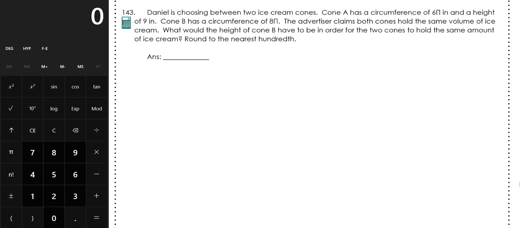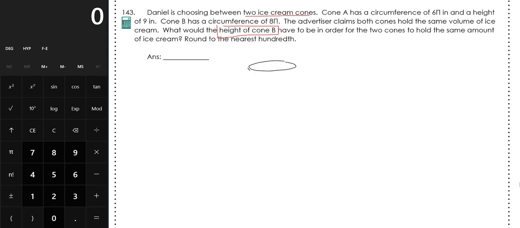Okay, let's focus in on the ask of the question. What is the height of cone B in order for the 2 volumes to be the same? All right, let's lay out our information. So going back to the beginning, Daniel is choosing between 2 ice cream cones. So let me go ahead and draw 2 different cones.